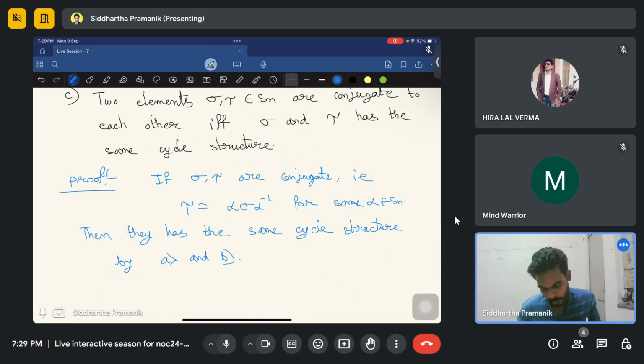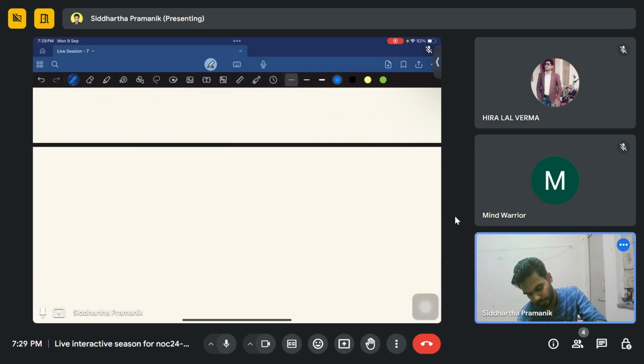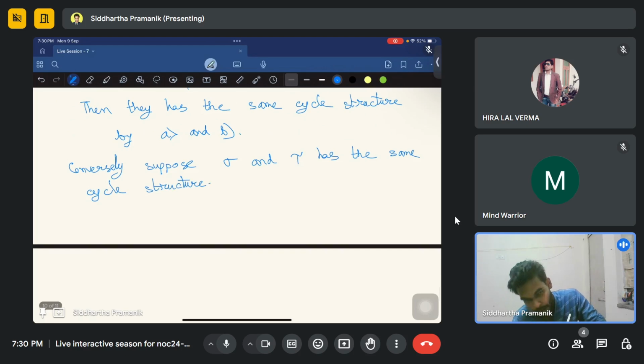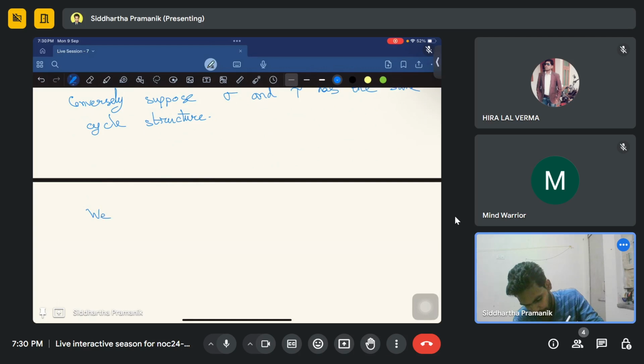So we need to prove the converse. Conversely, suppose sigma and tau have the same cycle structure. We want to prove they are conjugate.